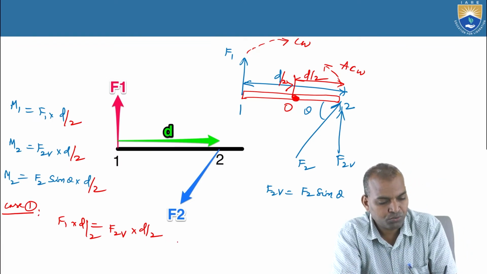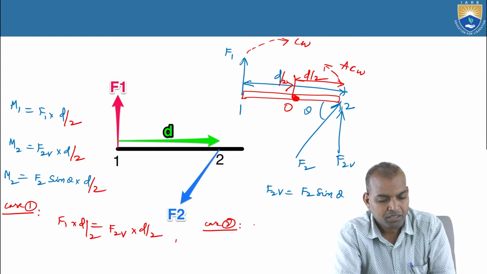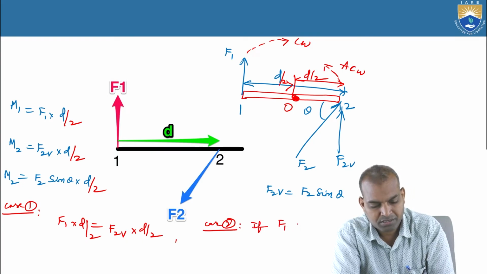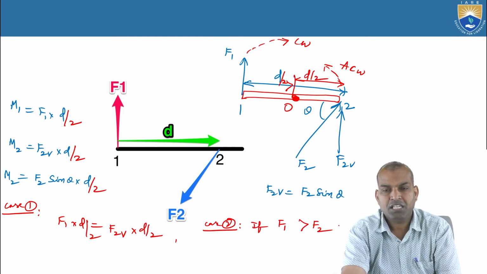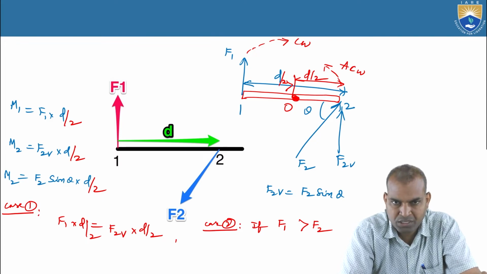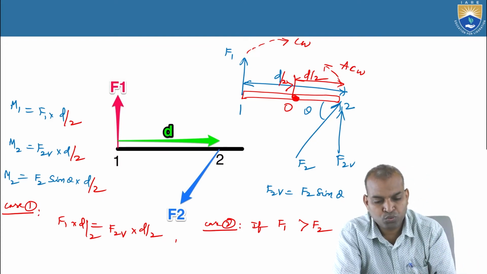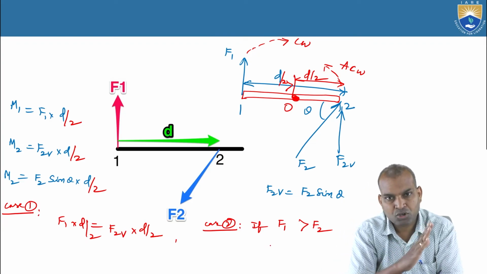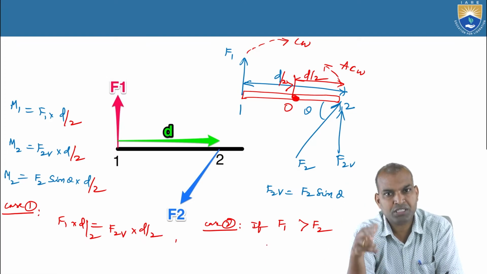Case 2: if F1 is greater than F2, that means F1 into D by 2 is more than F2 times D by 2, then what will happen? The body moves with F1 in the clockwise direction. F1 lifts, giving clockwise motion.